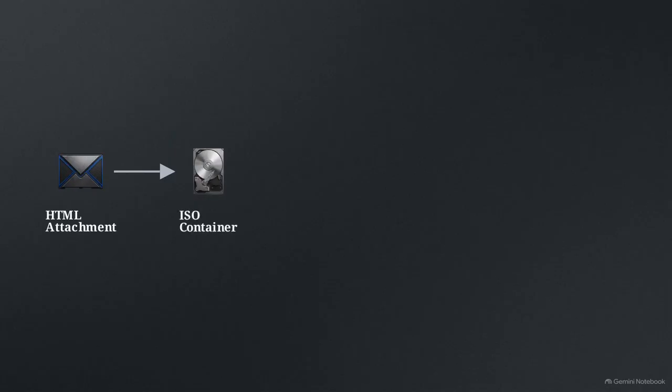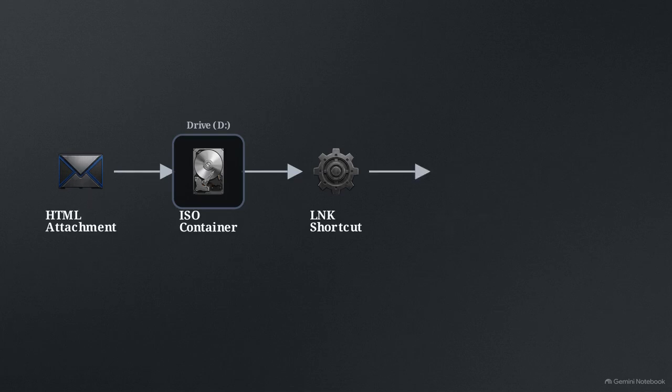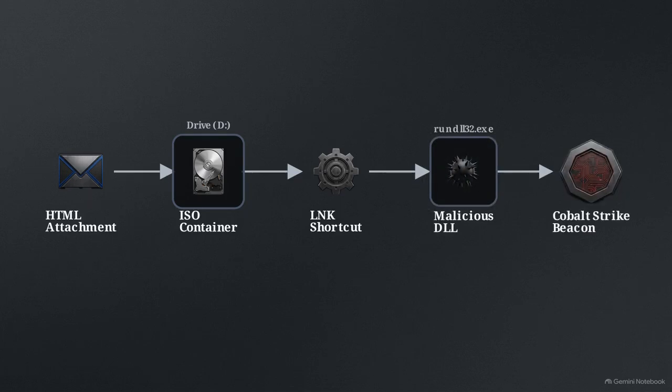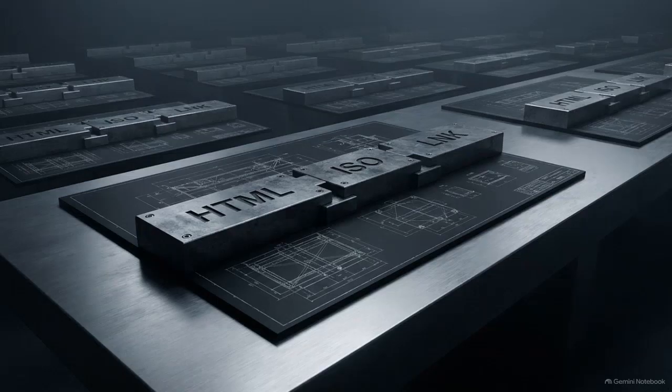The HTML document drops an ISO container, mounted as an external drive. Hidden inside is a shortcut file, which executes an accompanying DLL. This sideloading step drops a custom Cobalt Strike beacon, granting the attackers persistent access. This specific sequence of HTML to ISO to LNK became the definitive delivery template, copied extensively by subsequent threat actors.